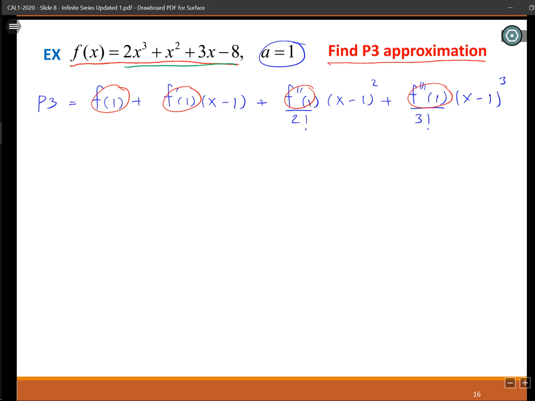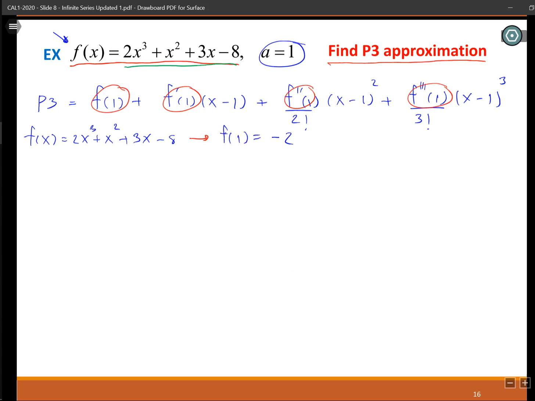So let's find them. f of x would be equal to 2x cubed, right from the problem, plus x squared plus 3x minus 8. And if I compute this, I can find this f of 1 to be equal to, let me check, minus 2.